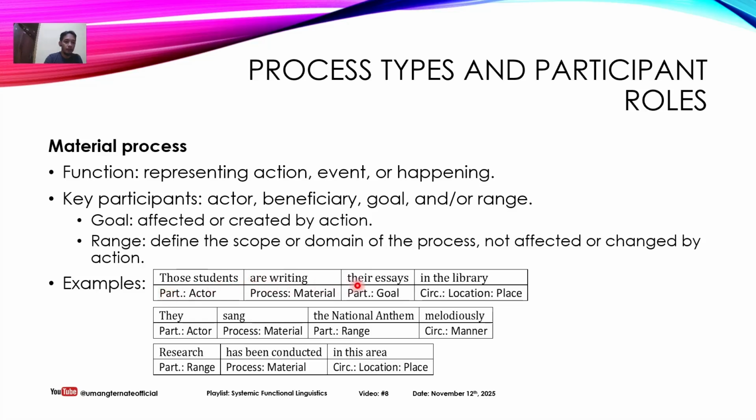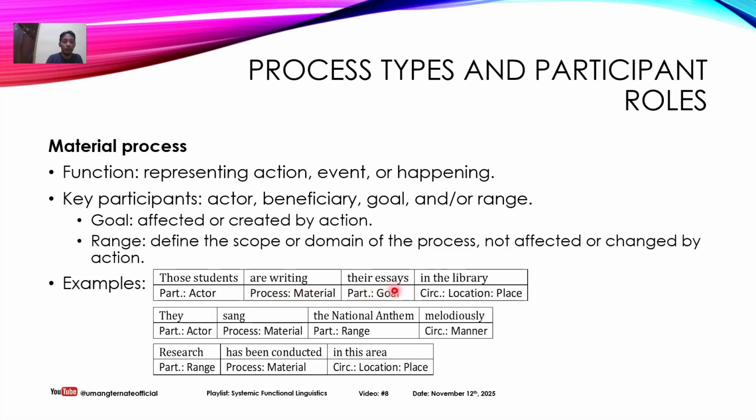The students are writing their essays in the library. This example is similar to the previous examples. Okay, so those students here, the participant, the role of the participant is the actor. The process is the material, and their essays is the participant.